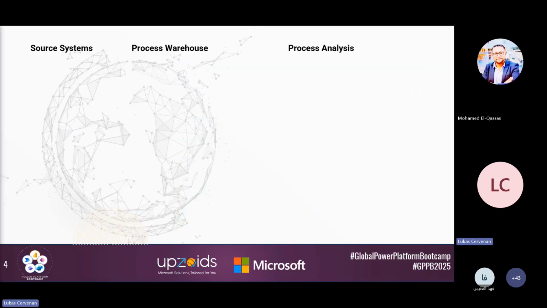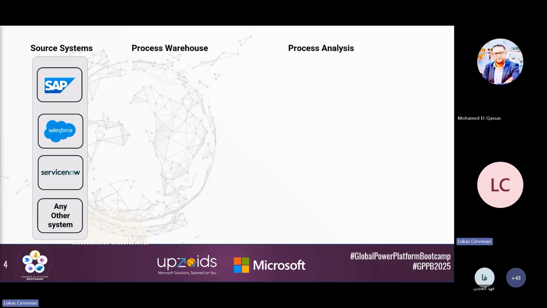So what are the elements we need to interconnect when doing this process optimization with process mining tools and methodologies? At first, we have some source systems or systems of record.